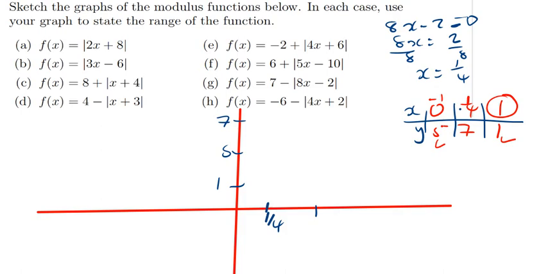So then I can start with 0, 5. In x 0, then 5 is here. Then 1 over 4, 7 is there. Then 1, 1 is here.